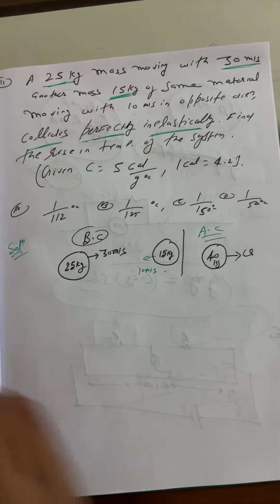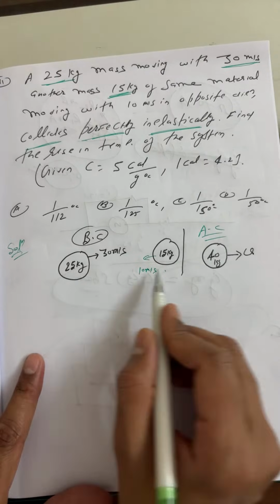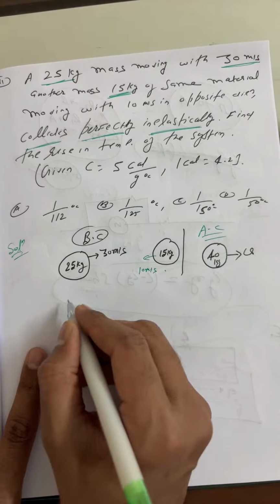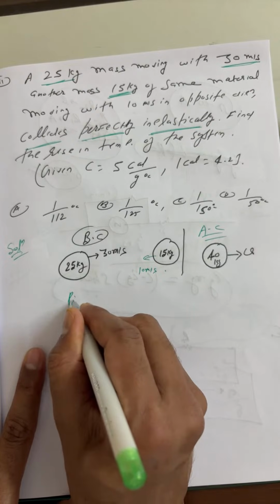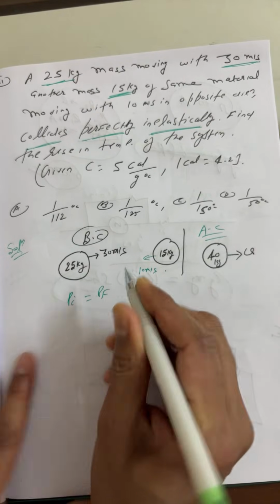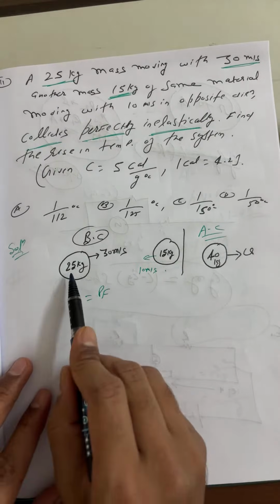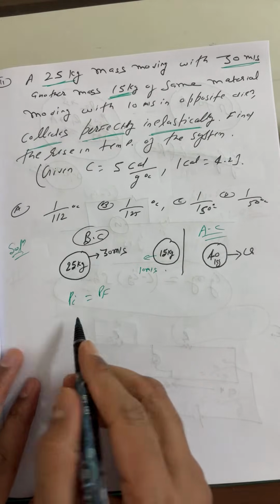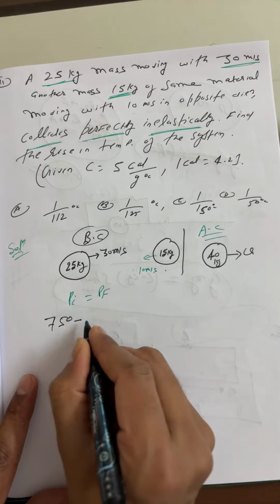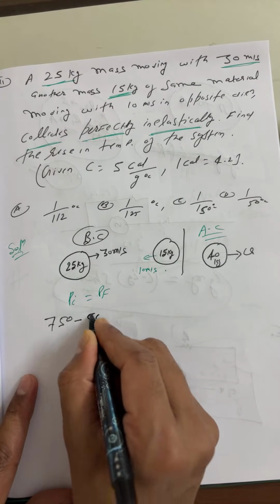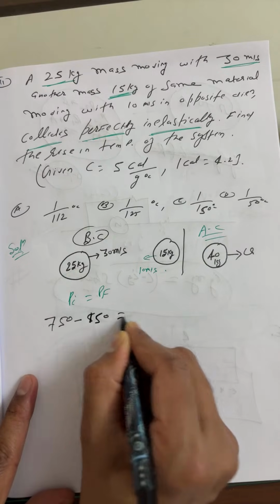Now here we can equate initial momentum with final momentum. So 25 times 30 is 750, minus 150.